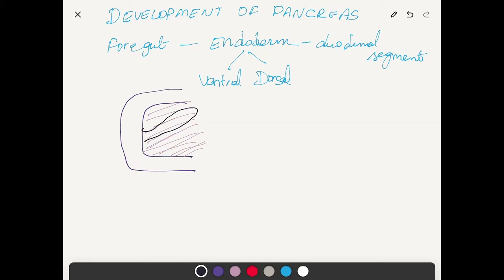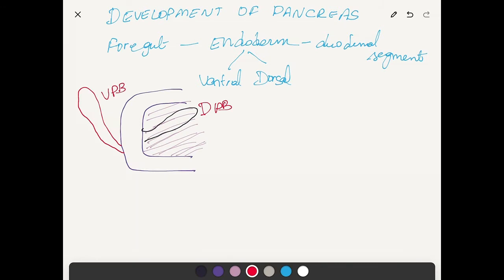Another endodermal outgrowth called the ventral pancreatic bud also arises. The dorsal is slightly cephalic and this ventral is slightly caudal to the dorsal pancreatic bud. So this is the dorsal pancreatic bud and this is the ventral pancreatic bud.